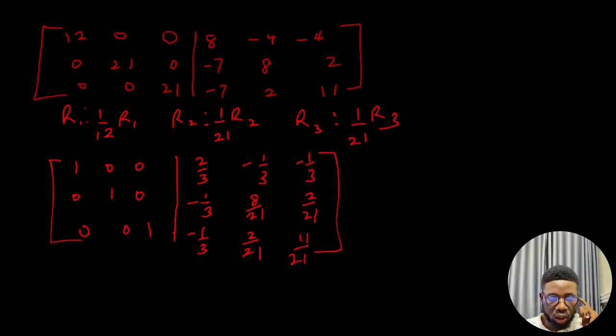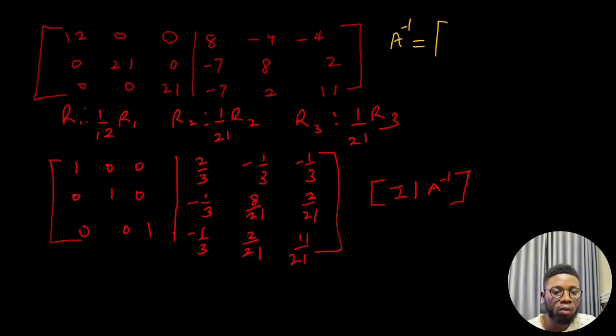So indeed, we have been able to produce this matrix now. This matrix is the identity matrix augmented with the inverse of this matrix. So what is now A inverse? We can tell that the matrix A inverse is going to be 2 over 3, negative 1 over 3, negative 1 over 3.